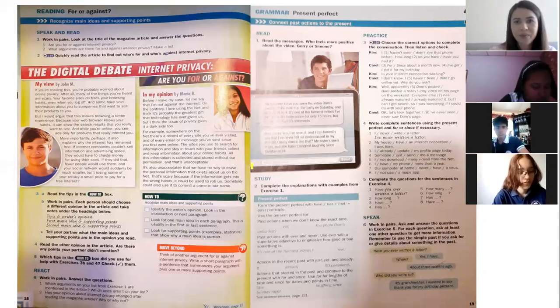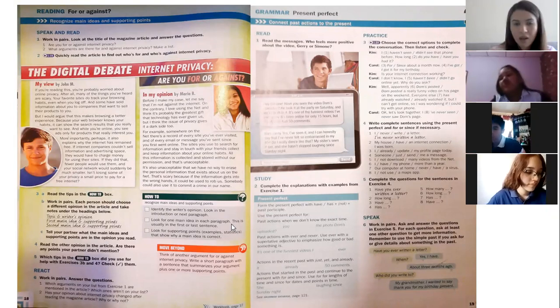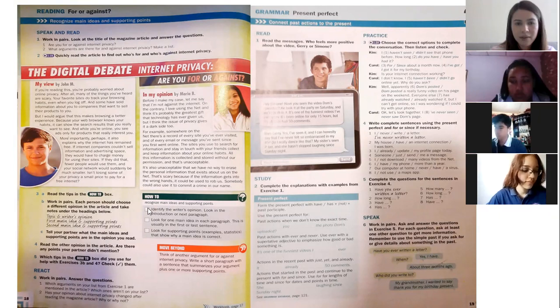Yes or no? ¿Creen que identificaron la opinión de cada uno? How can we do that? You can look in the introduction or next paragraph. But you did it. I think Ileana did it. She identified the writer's opinion.